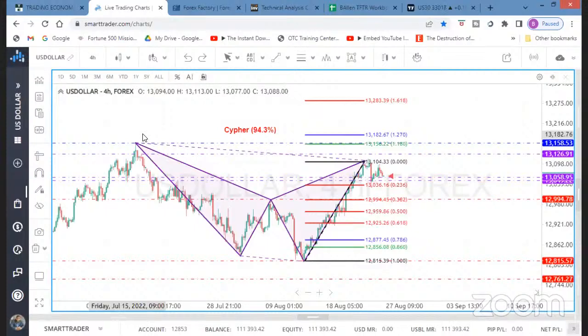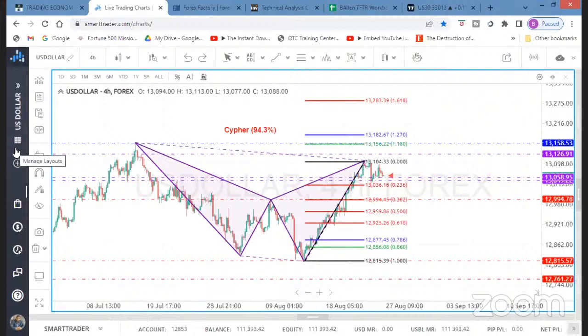Not finding as many buyers right now, but I'm just trying to figure out exactly what else could be priced in to push the euro too much further to the downside. And I know if you get any positive news coming out of the war zone with Ukraine and Russia, I just think the price on the euro is going to fly if anything positive comes out of there. But that's yet to be seen.